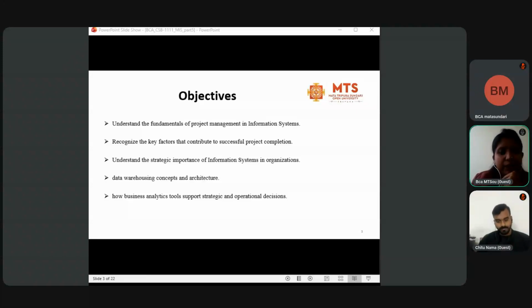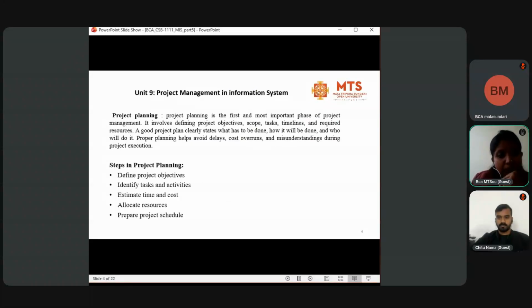First step is define project objective. What are the objectives of the project? Then identify tasks and activities, then estimate time and cost, allocate resources, and prepare project scheduling. So these are the steps of project planning. Okay, got it?